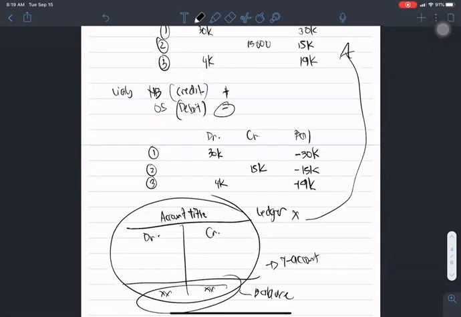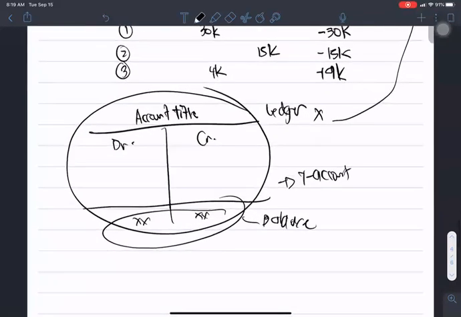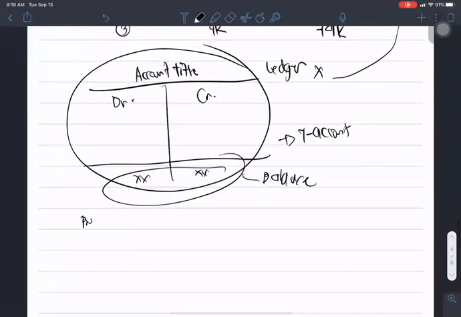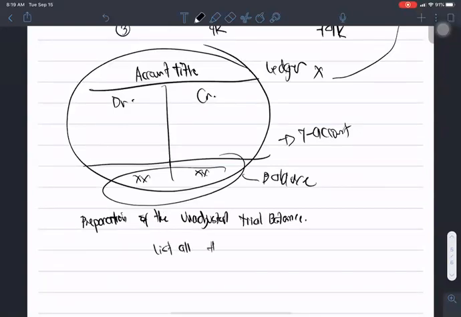Okay, so let's extend further our discussion to the preparation of the unadjusted trial balance. What did we say before? In the preparation of your unadjusted trial balance, we will just list all the accounts, including their balances, from the ledger.